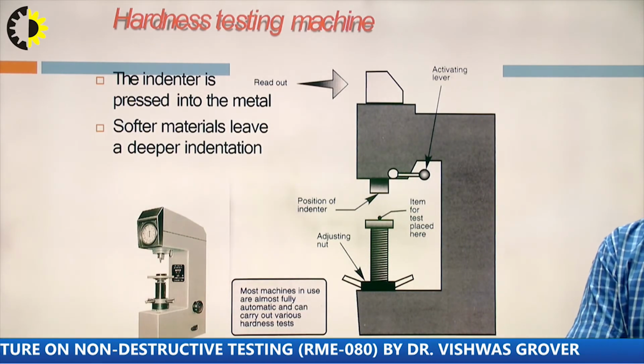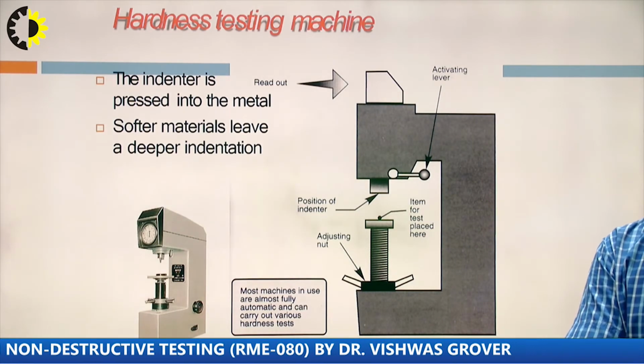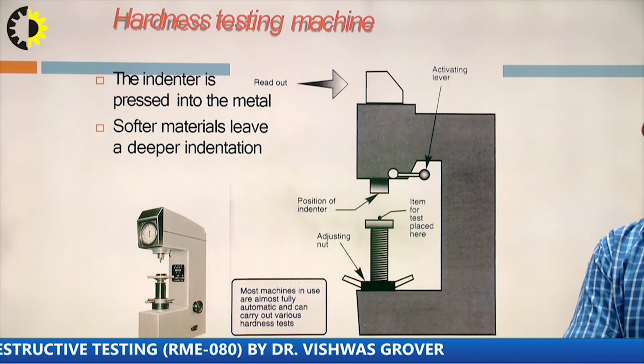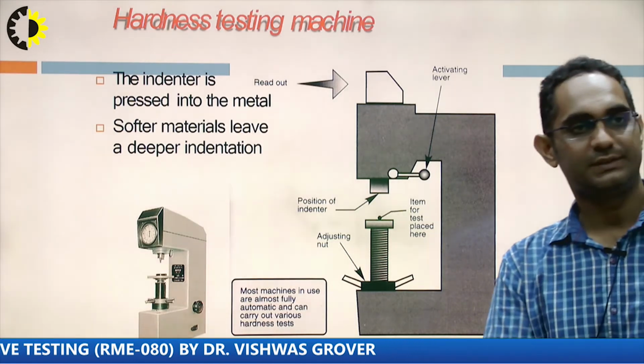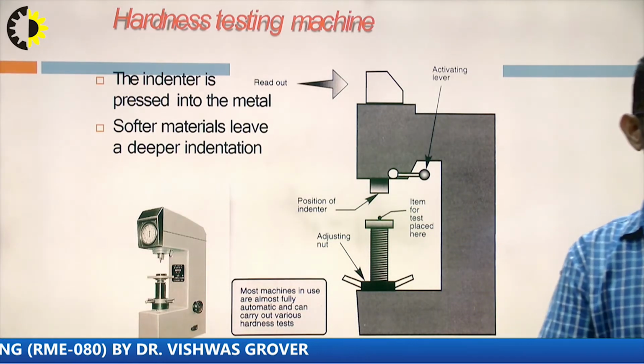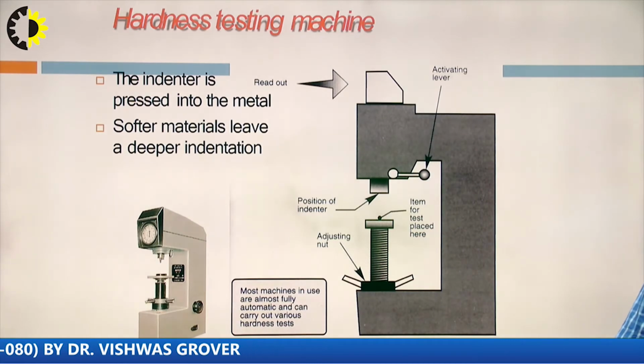The item which needs to be tested is placed here, and this is the adjusting nut for rotation.